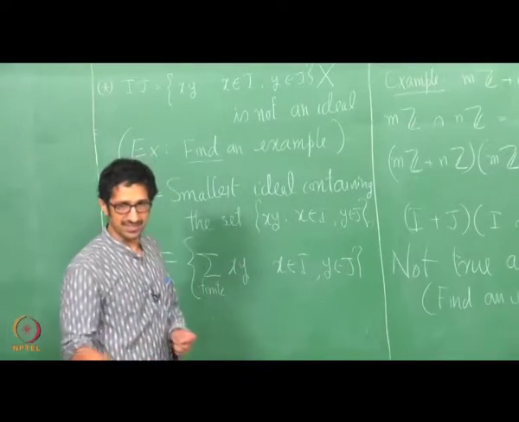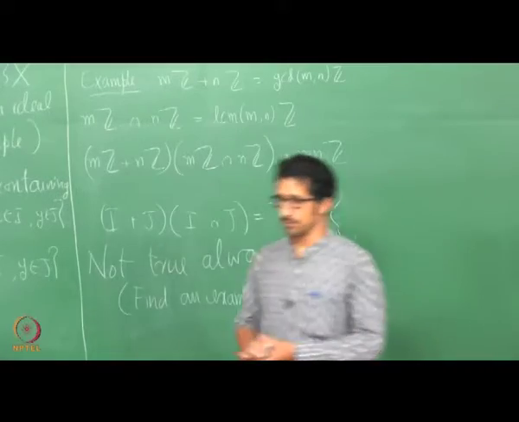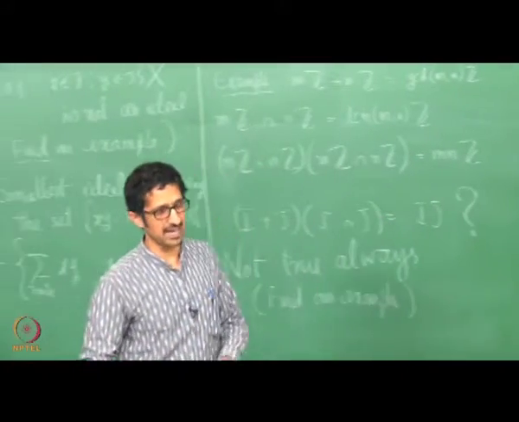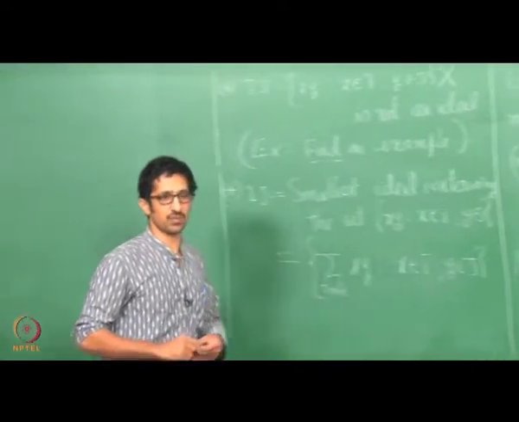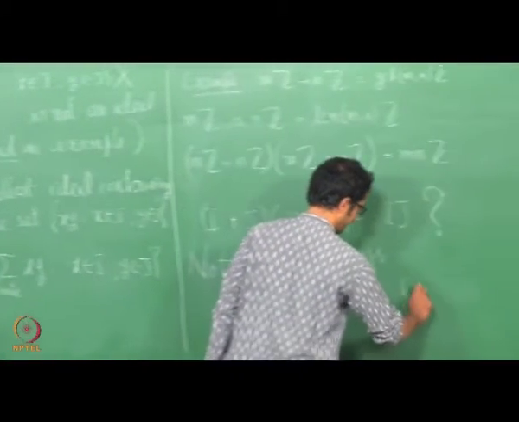Yeah, so that itself should give you an indication. Maybe I can even tell you, look for an example in K[x, y], the polynomial ring in 2 variables.